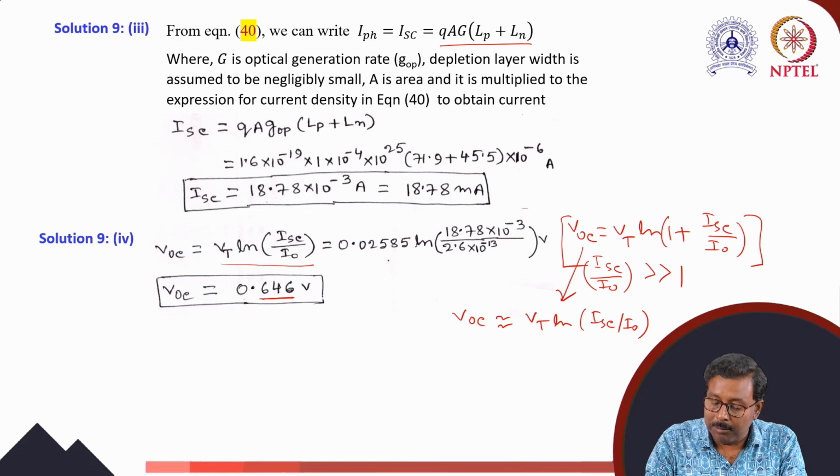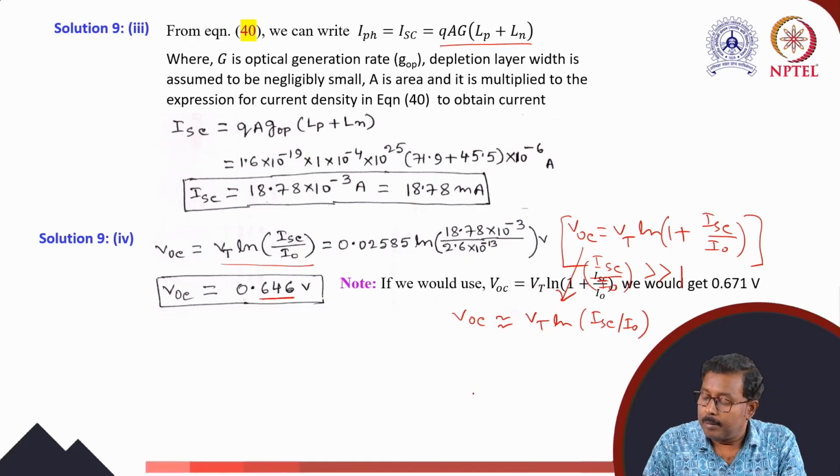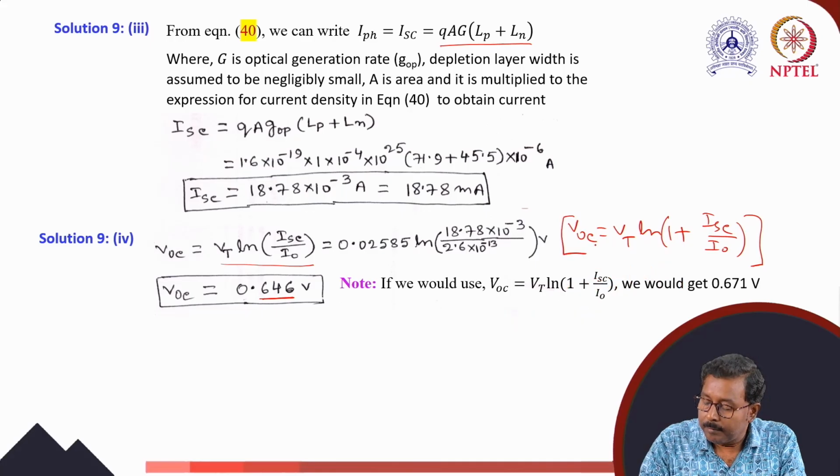Be careful over the unit. VT is 0.02585 volt. I0 is 2.6 into 10 to the power minus 13. Isc is given. Here the calculation is shown.